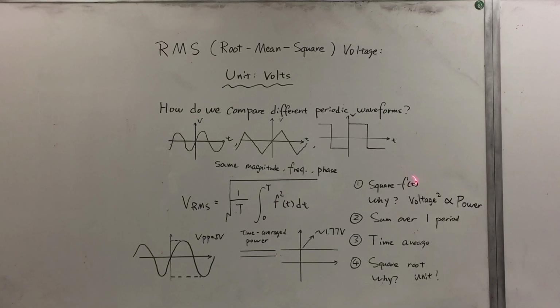Why do you do that though? If I do an integral over a period, you still have a negative portion of these AC signals. You want to bring that negative portion to a positive one, so one of the most natural ways to do this is just square the signal.